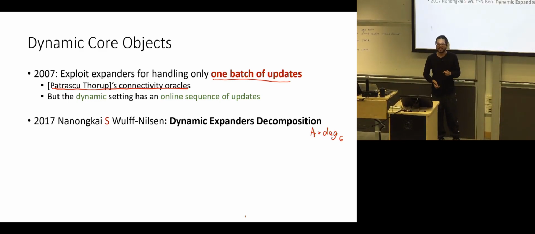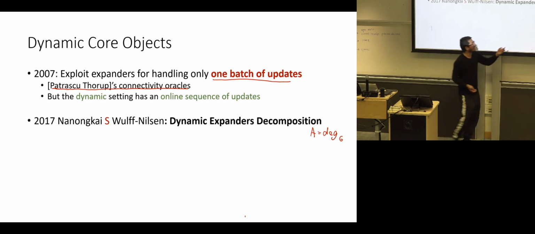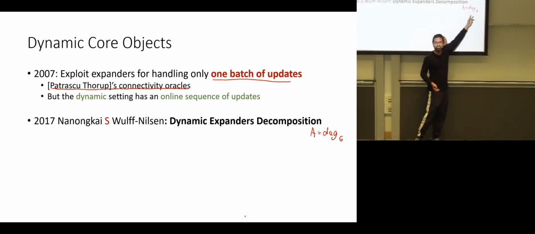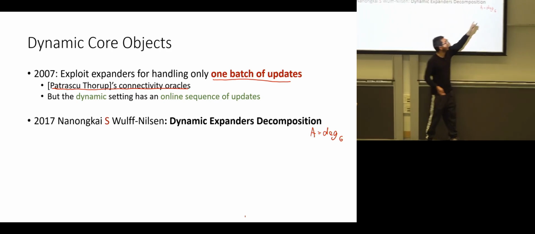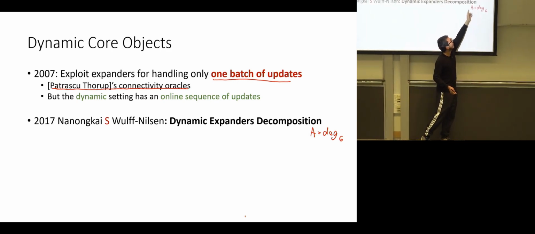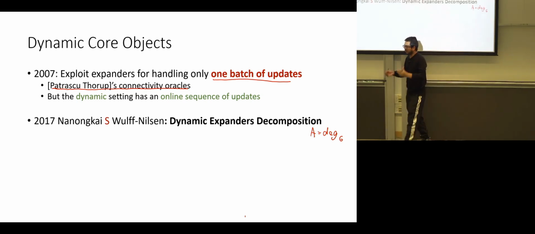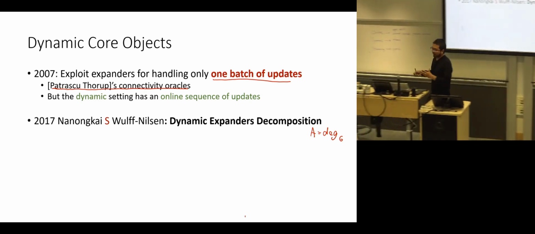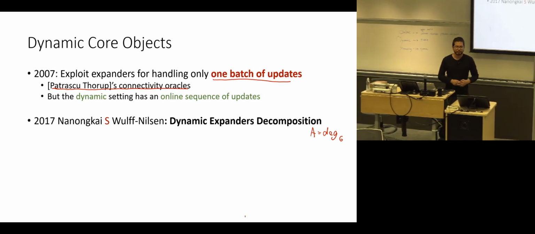So recall that to get BSE hierarchy, we need dynamic expander decomposition, but in that construction, the node weighting is not degree. Okay? So we have a fast algorithm when the node weighting is the degree, but to get BSE hierarchy, we need something more.